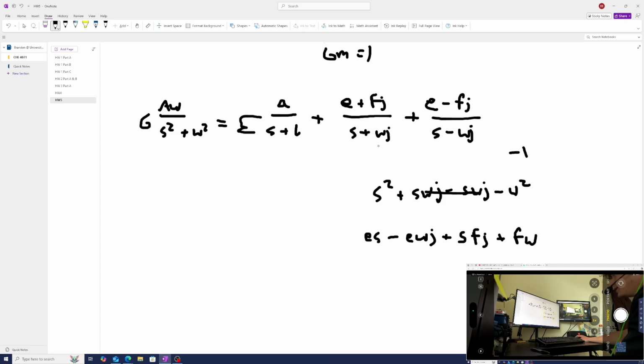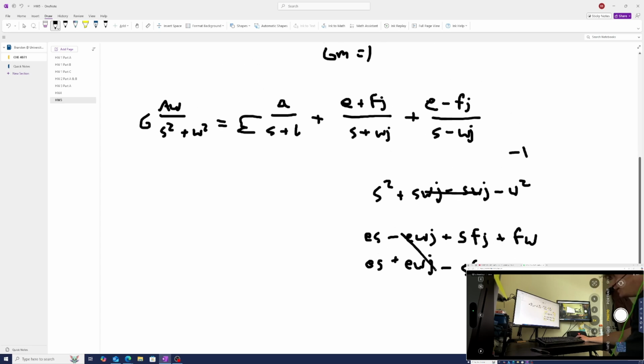Then the other side we get ES again. This time we get plus EWj, and then we get minus SFj, and this time we get FW j squared, minus plus FW.